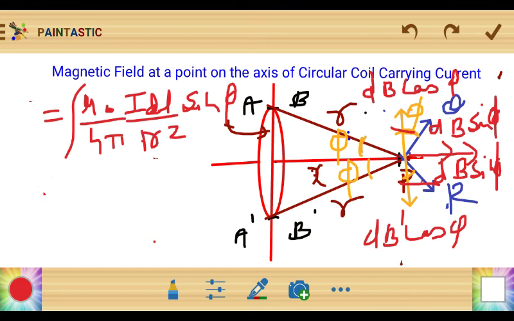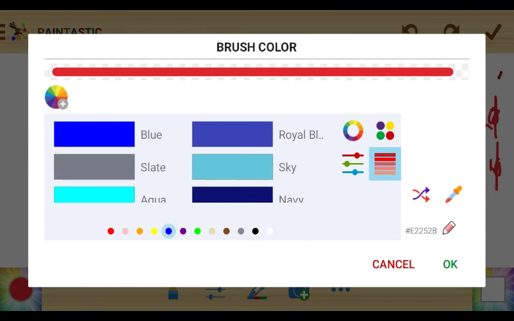The next step is to find sin phi from the triangle. As you can see, triangle A P and the center, this triangle is a right angle triangle. You can simply find sin phi from this triangle. I'll just use a different pen to show you.